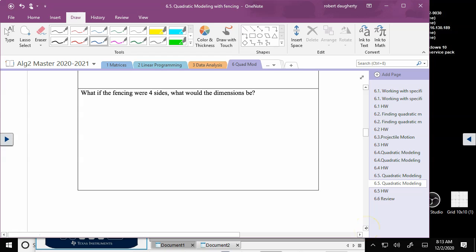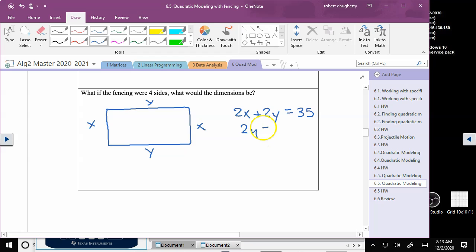What if the fencing were four sides on this problem? If I created a four-sided fence in this problem, x, x, y, and y, you know that 2x plus 2y is equal to the 35 feet of fencing that I have. So 2y is equal to 35 minus 2x. y is equal to 35 minus 2x over 2.